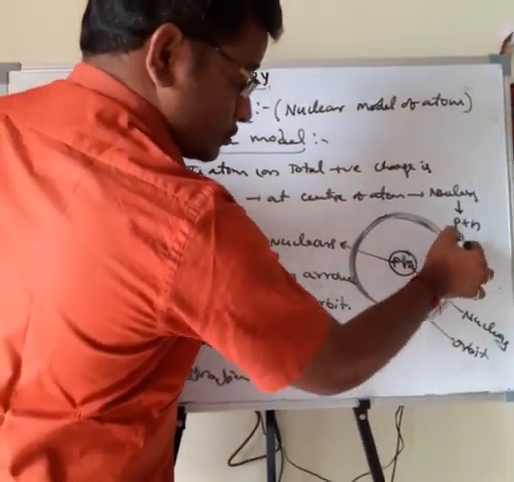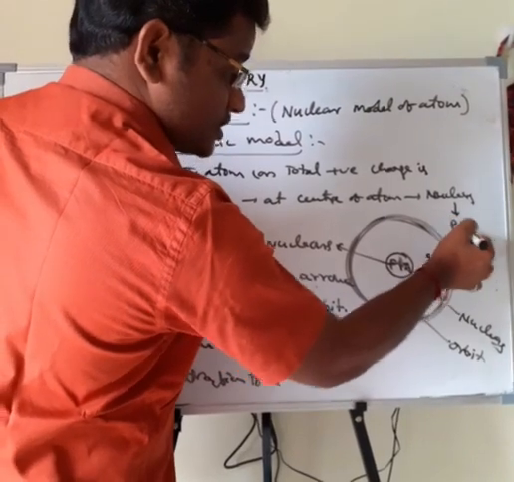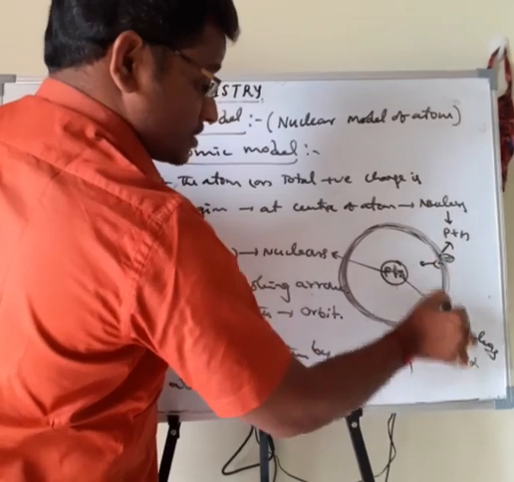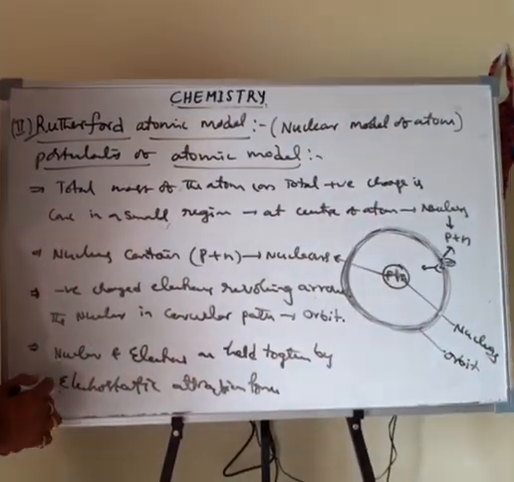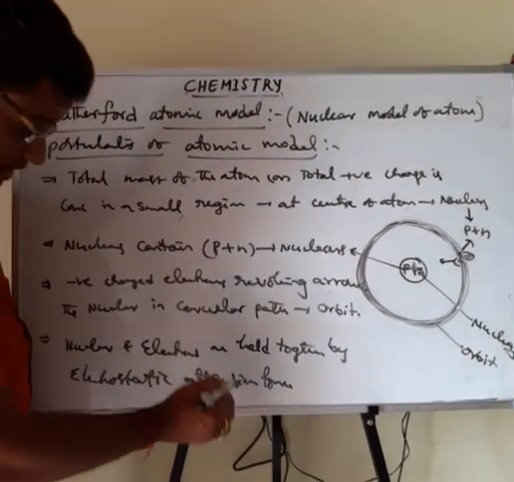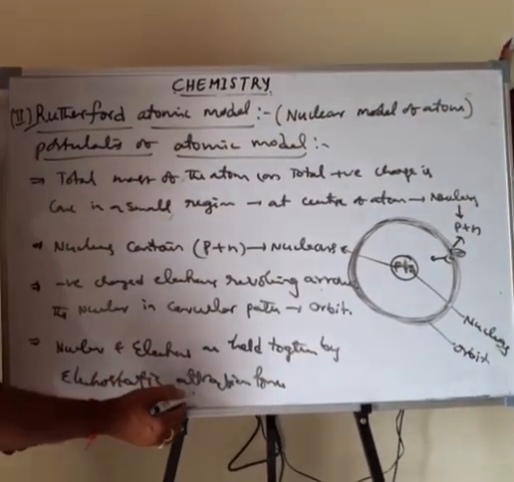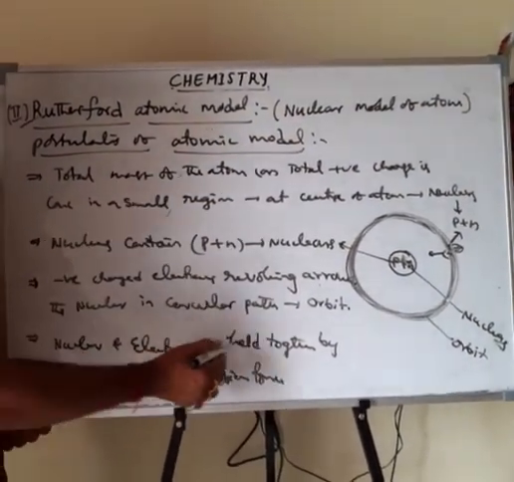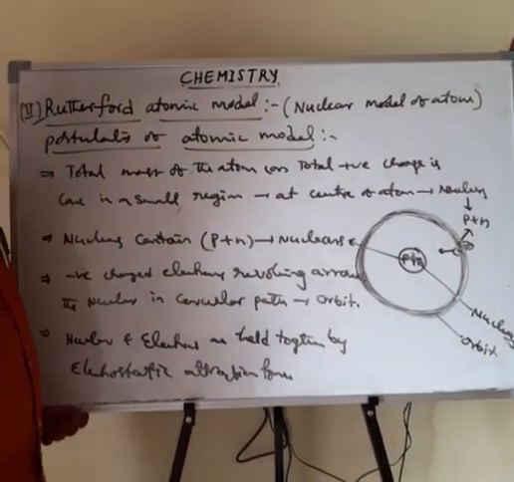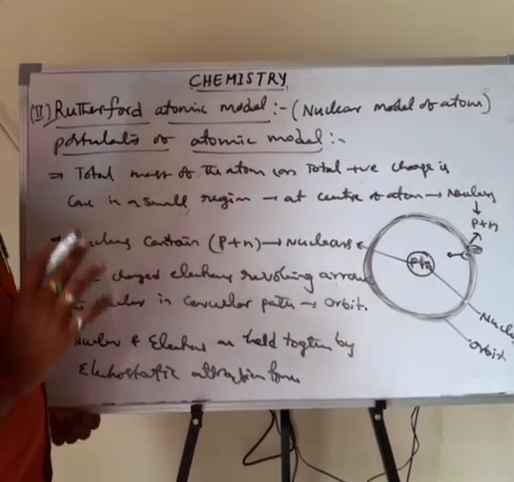Due to these Coulombic forces, electrons revolve around the nucleus in a circular path, which is called an orbit. The Coulombic attraction force is nothing but the electrostatic attraction force. Due to its presence, the nucleus and electrons are held together. So that is about the Rutherford atomic model postulates.